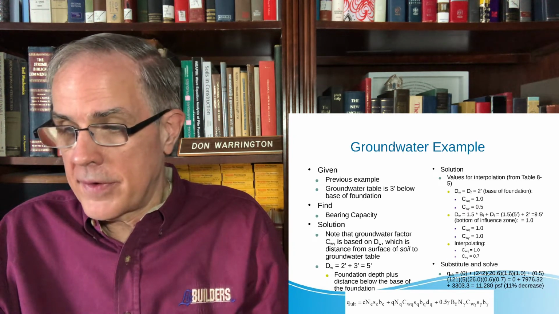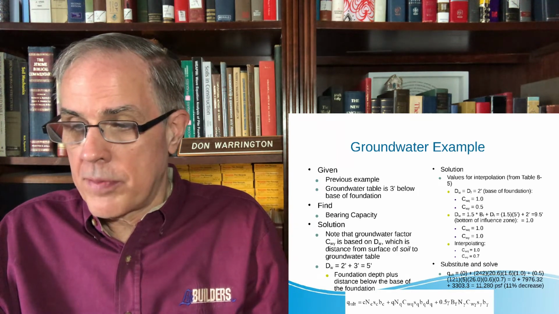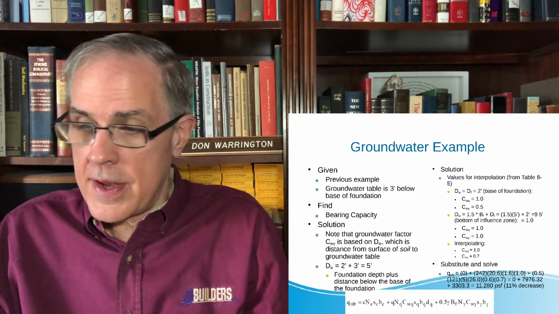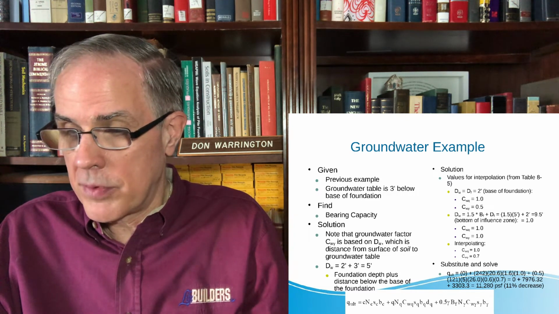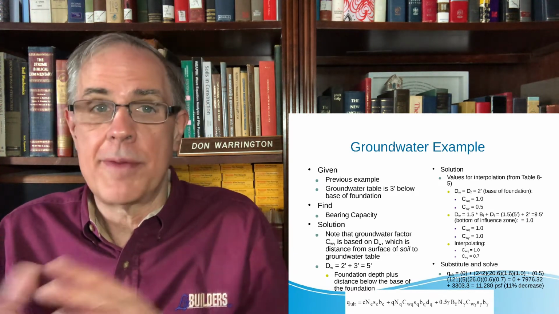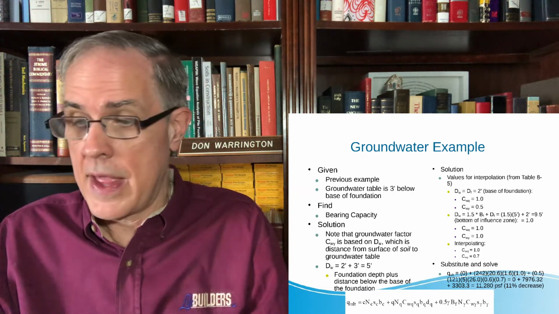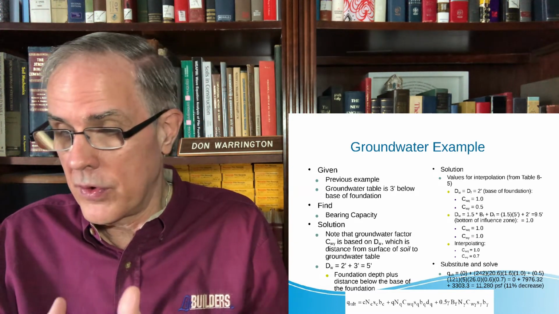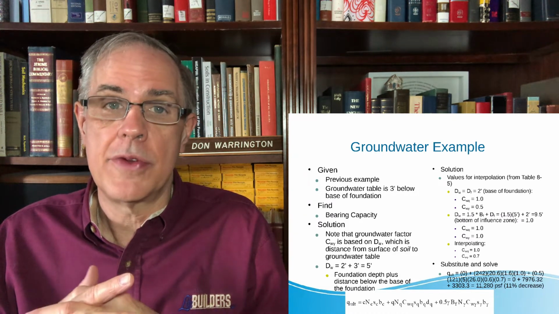At the base of the foundation, the two are 1.0 and 0.5, and then at the base of the influence zone at 1.5 B, it's 1.0 and 1.0. If we interpolate, the CWQ is the same. If it's 1 in one place and 1 in the other, it's going to be 1 in total. And then CW gamma, 0.5 to 1, you interpolate that, you get 0.7. That's how you use the groundwater factors.